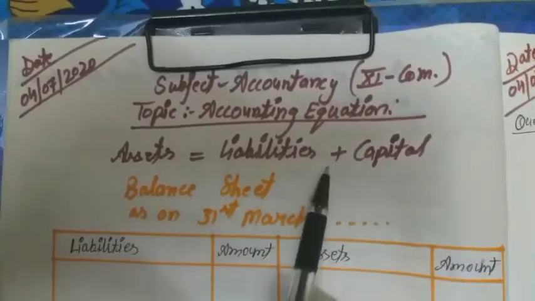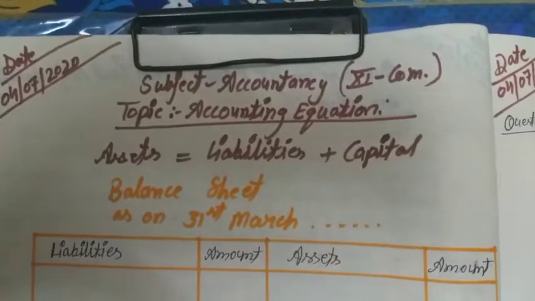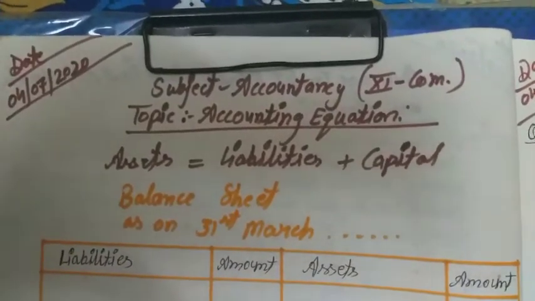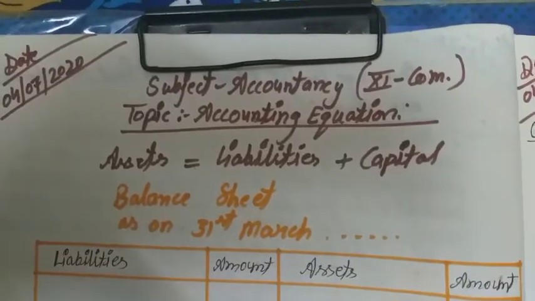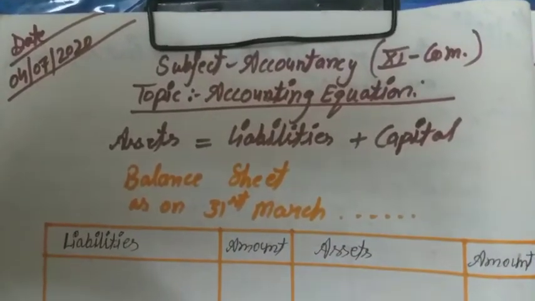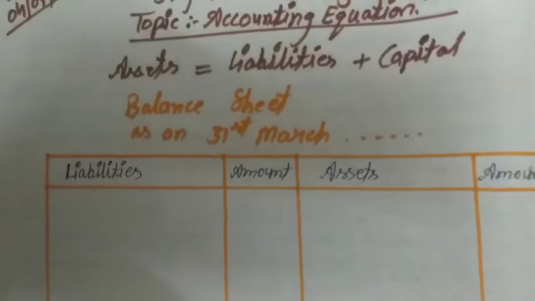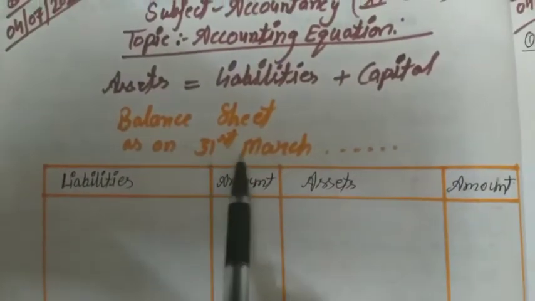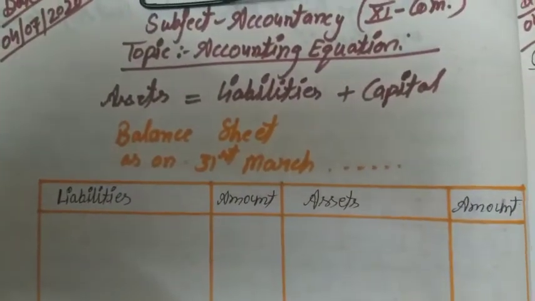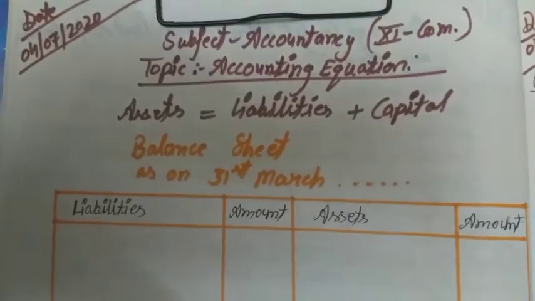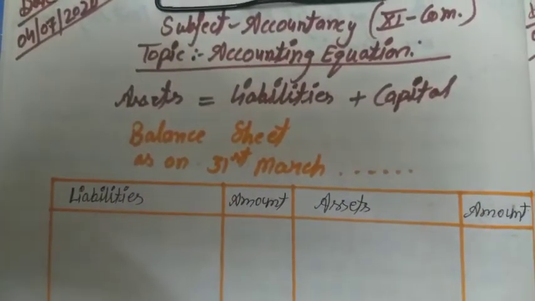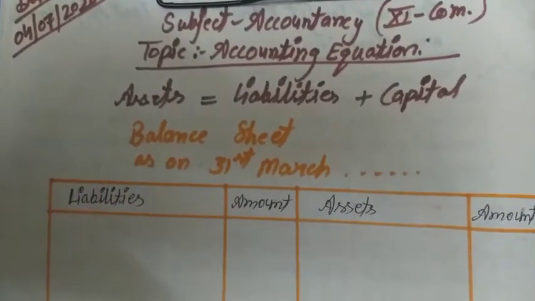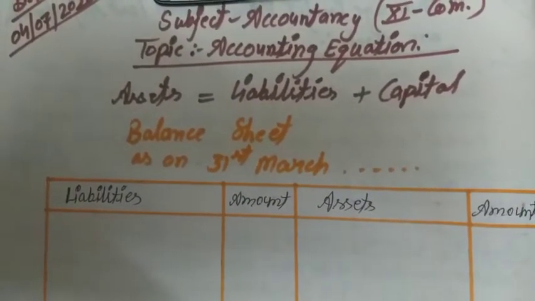But how can we show this accounting equation in a particular balance sheet or format, by which we can prove this accounting equation? Here you can see a balance sheet as on 31st March of any year. A balance sheet is prepared at the end of the year, on the last date of the year, by all organizations.